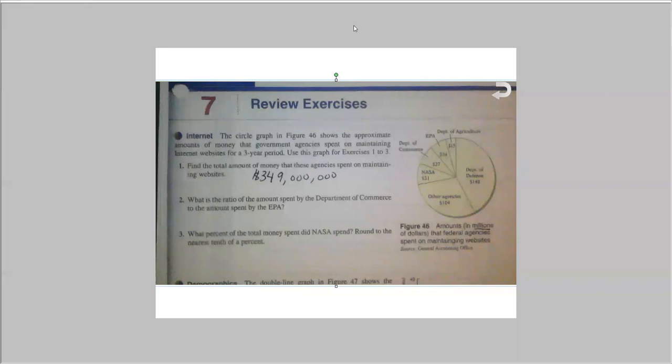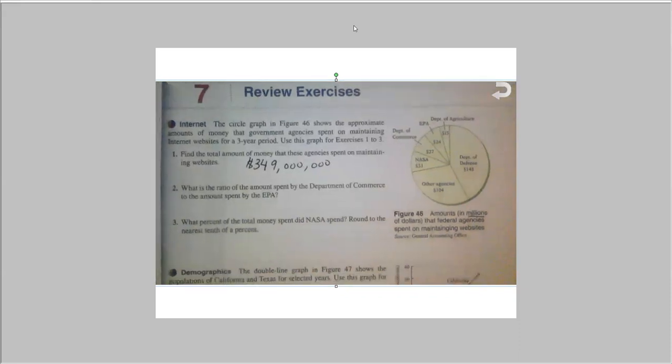All right, the next question is, what is the ratio of the amount spent by the Department of Commerce to the amount spent by the EPA? One thing you're going to see this week is a lot of the topics that we have covered in those previous chapters are going to come back now, and we're actually going to use those in this new information. You're going to see words like ratio, okay? We're going to talk about percents and different things.